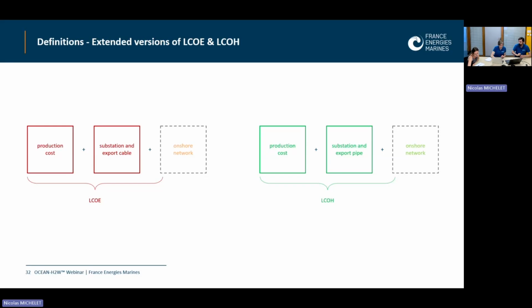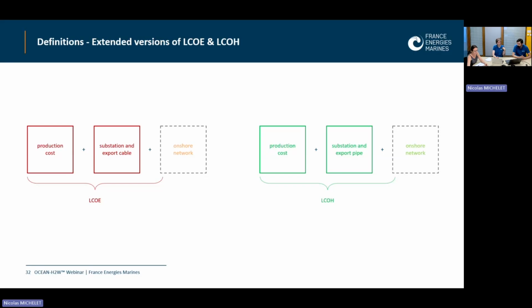We also have a question about hybrid configurations: how do you allocate the cost in a hybrid connection when the electricity is shared between the electrolyzer and an HVDC line? Do you add capex and opex of wind to both LCOE and LCOE-H, or split them? And here the short answer is that we split them.